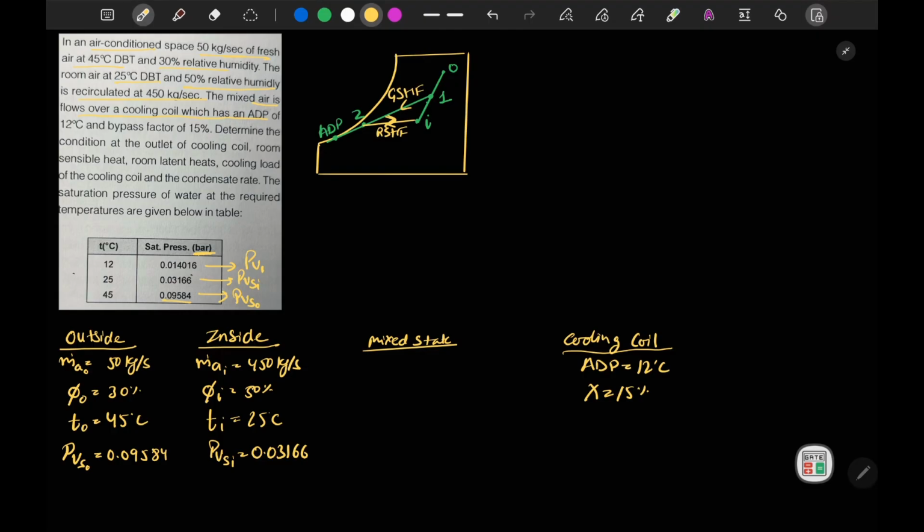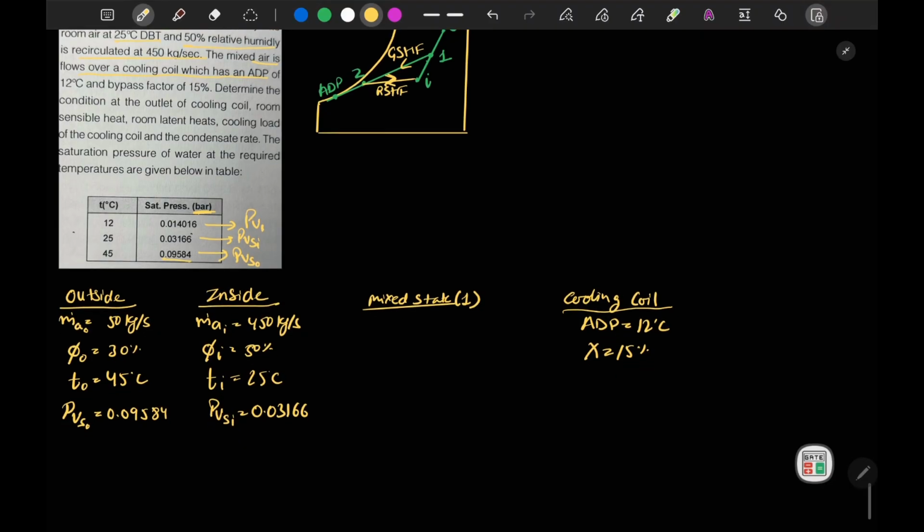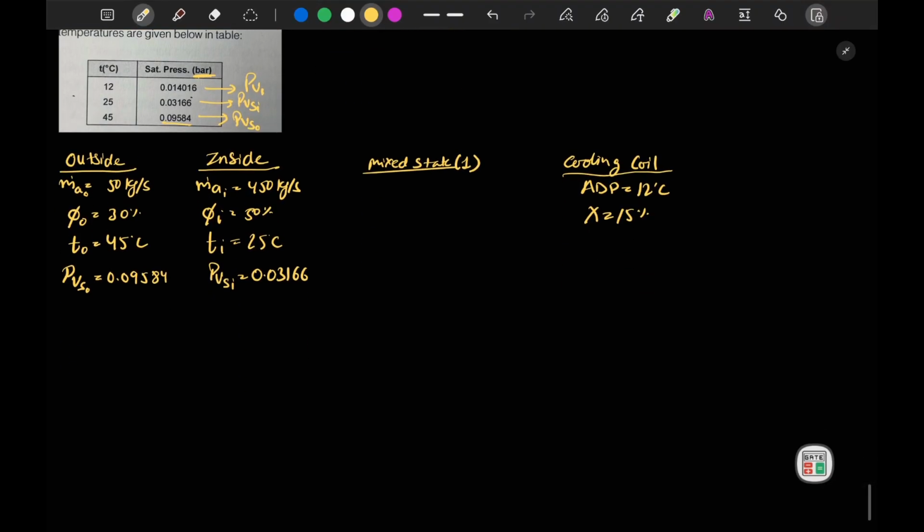So from here we can say that this mixed state is state 1. If we want to calculate the values at this state 1, before that we have been given the value of phi and PVS, so we can write phi is equal to PV upon PVS.